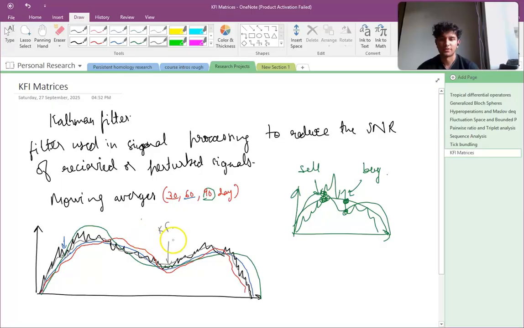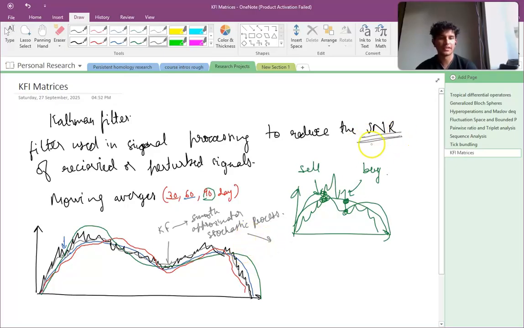Now, the Kalman filter is the best smooth approximator of your stochastic process, mainly because of this point.